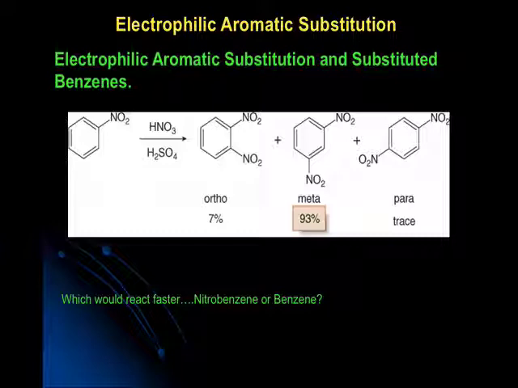that incoming group, right? And so when we run this reaction, let's say Kendall's running this reaction, and she takes the nitrobenzene, she puts it in with a mixture of nitric acid and sulfuric acid. The electrophile is what?